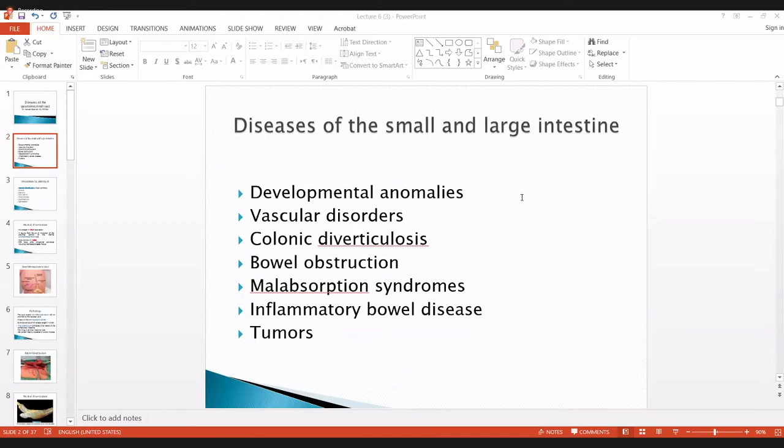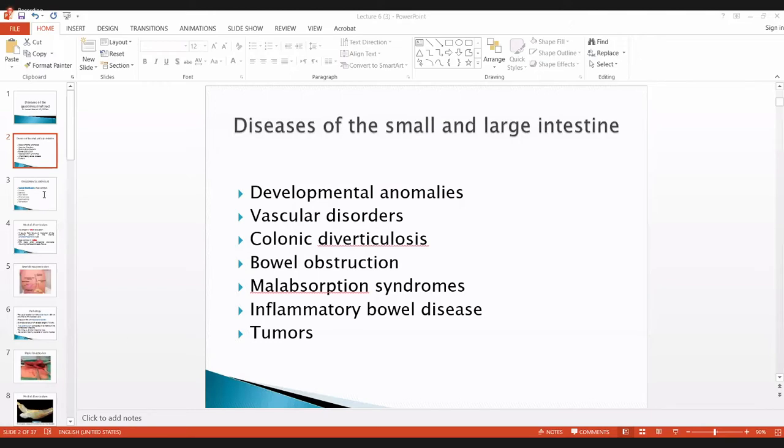Among these conditions رح أحكي على most common most important، ما رح أحكي على كل مثلا developmental anomalies يعني very large number، رح نحكي بس على مثلا Meckel's diverticulum which is the most common. بالvascular disorders رح نحكي على common disorders اللي هم الإسكيميا والهيمورrhoids. بعدين next lectures رح نحكي على diverticulosis، على bowel obstruction the most important causes of bowel obstruction malabsorptive syndrome the most common and important. فما رح نغطي كل التوبكس إلا الأشياء اللي common وبهمكم تعرفوها as GPs in the future.